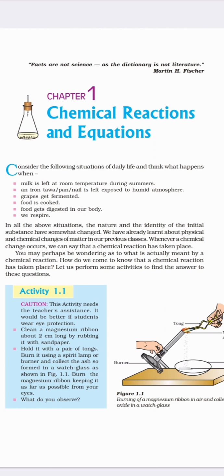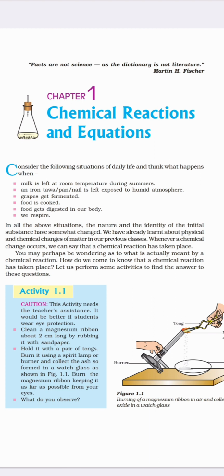In all these situations, after some time, the nature or identity of the substance changes. We have already learned about physical and chemical change of matter in our previous classes. We also know that a physical change is one which is reversible.